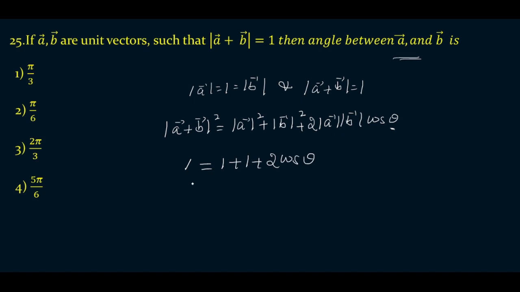Therefore 2 times cos theta is equal to minus 1. Therefore cos theta is equal to minus 1 divided by 2.